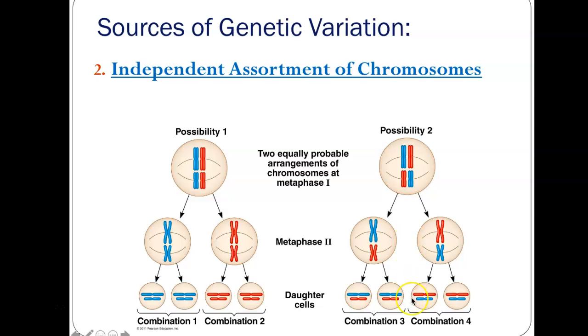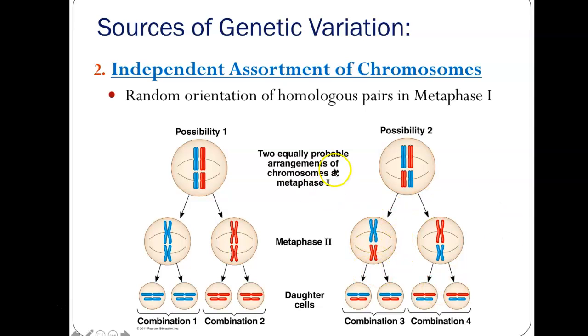Do you see how the outcome is completely different? So independent assortment of chromosomes is the random chance that homologous chromosomes line up the way that they do on the metaphase plate, with paternal or maternal being on the left or the right side. Hopefully that made sense. It's a random orientation of homologous pairs in metaphase 1.